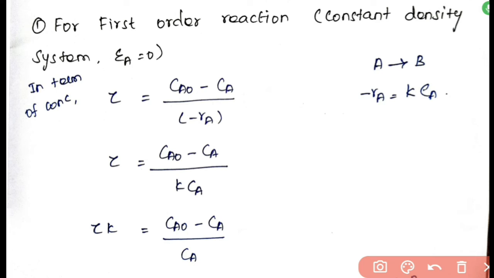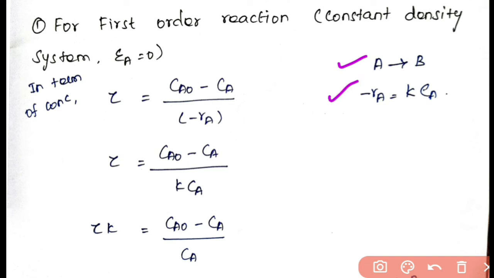First we will see in terms of concentration for a first order reaction. We know that space time tau is equal to Ca naught minus Ca divided by minus Ra in terms of concentration. Here minus Ra is nothing but the rate of disappearance of A. For a first order reaction, consider the reaction A gives B, where A is the reactant and B is your product.